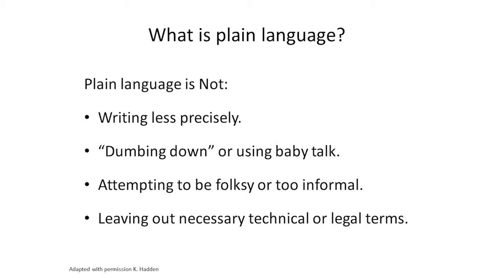In fact, you don't use contractions, so you wouldn't write can't. You would write cannot, things like that. And it's not leaving out unnecessary technical terms. Sometimes when someone first tries to write in plain language, what they're trying to develop ends up being a little bit superficial because they struggled with some of the difficult technical things.